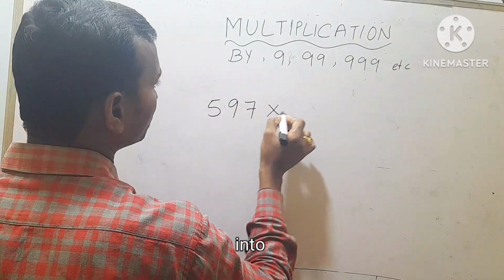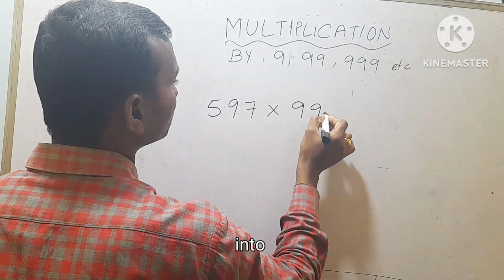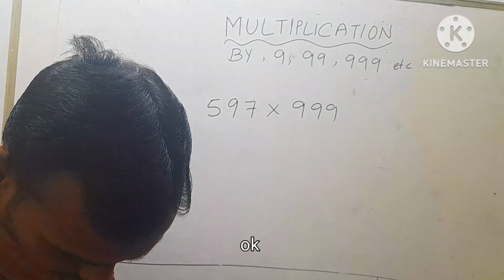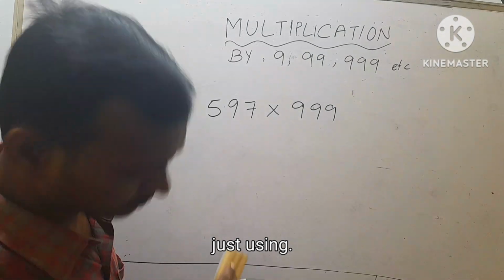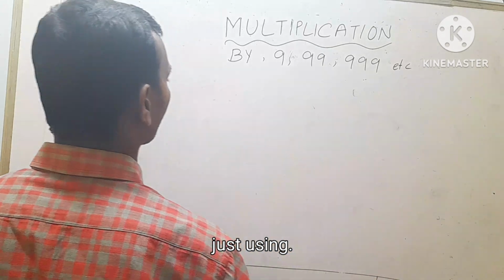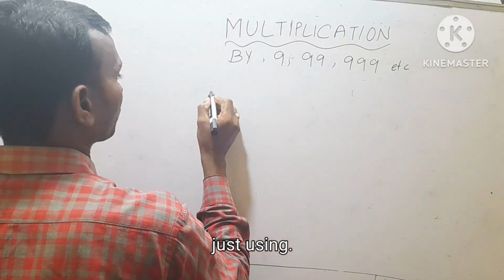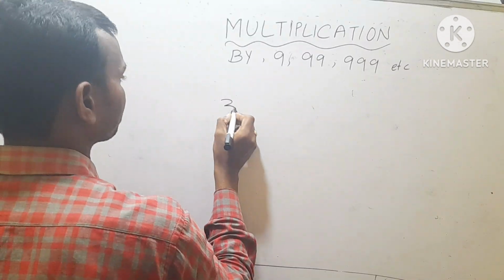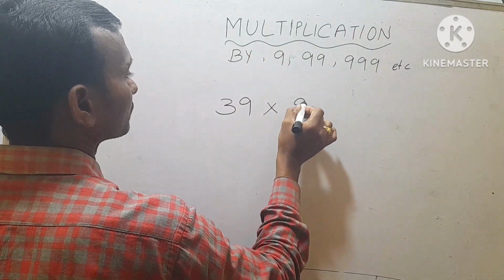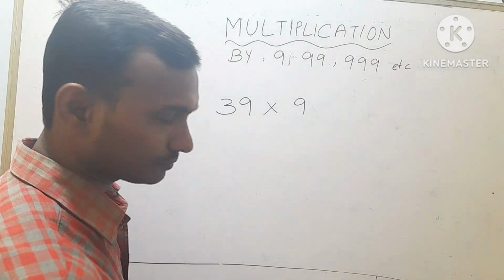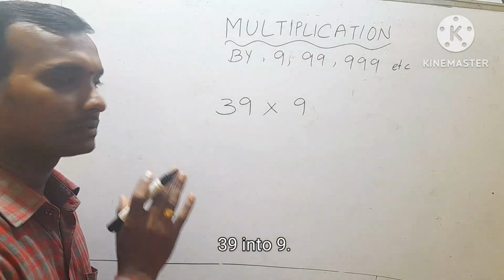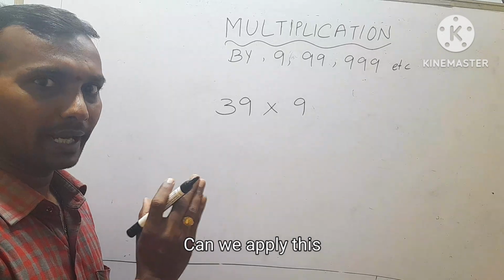Okay, just you see. 39 into 9. 39 into 9.